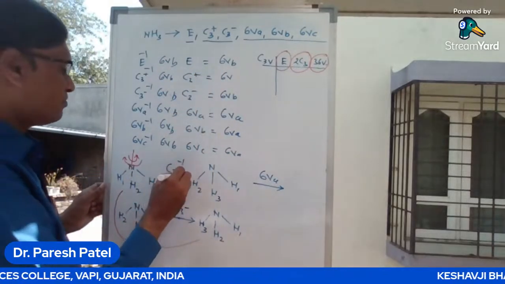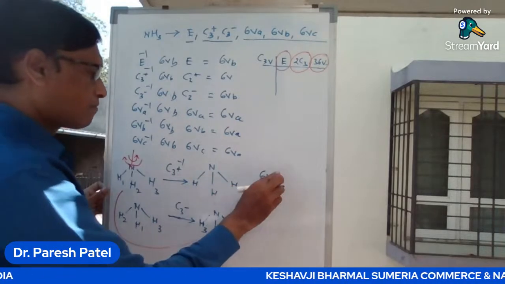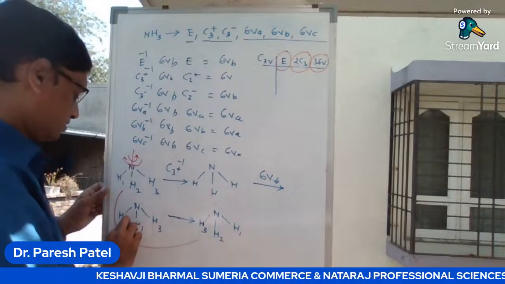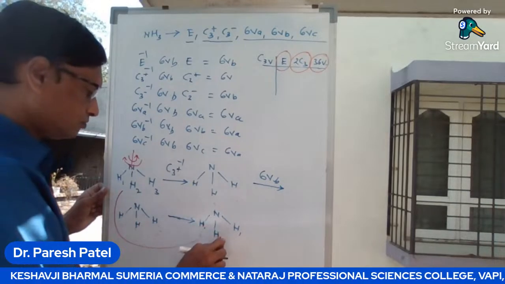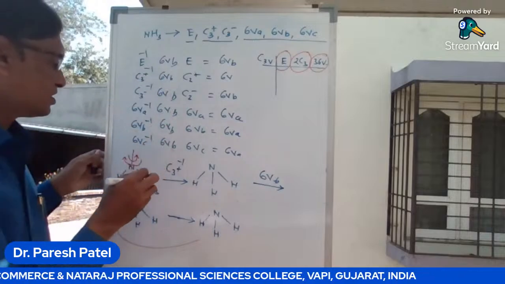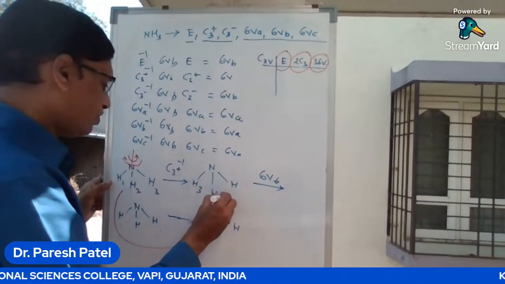C3 plus inverse means one time clockwise rotation. 3, 1, 2.